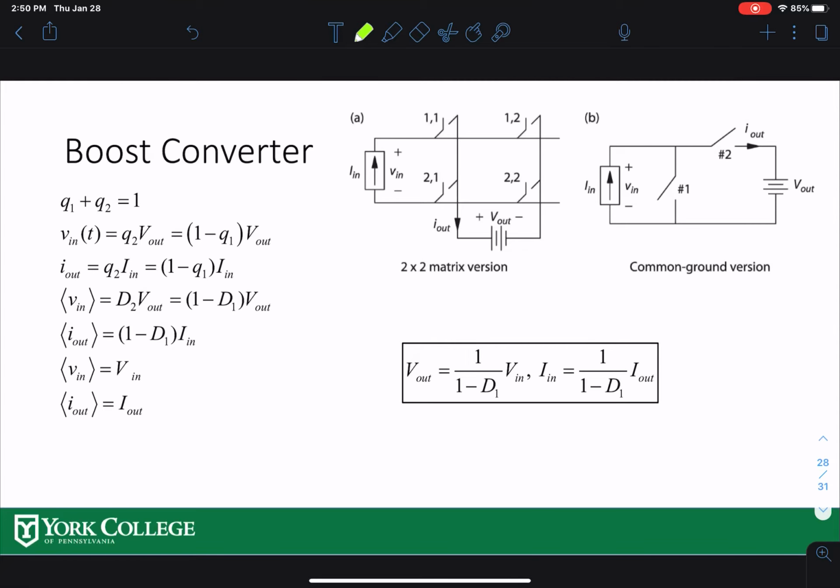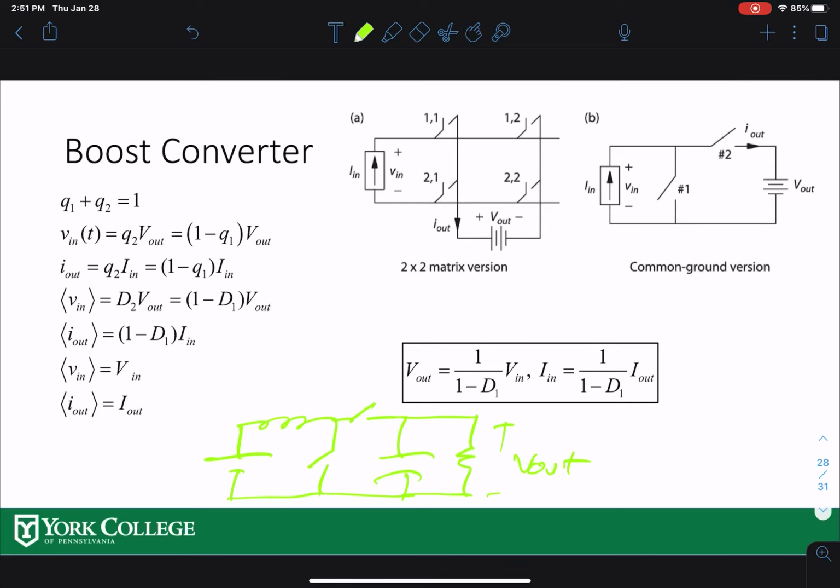Now, the boost converter. For the boost converter, we're basically connecting an input current source to the output voltage source. And why is that? If you remember from the last chapter, this is the boost converter right here. Let me draw it. So this is the output over here.